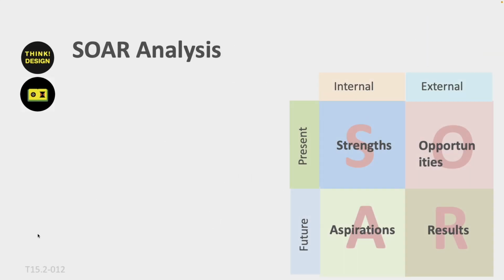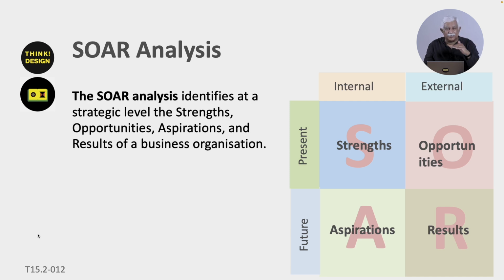So now we will move on to SOAR analysis. SOAR, if you look at it, strengths and opportunities are common with the SWOT analysis. Aspirations and results are the two factors that we have added here. Horizontally, strengths and opportunities look at the present, whereas aspirations and results actually look at the future.